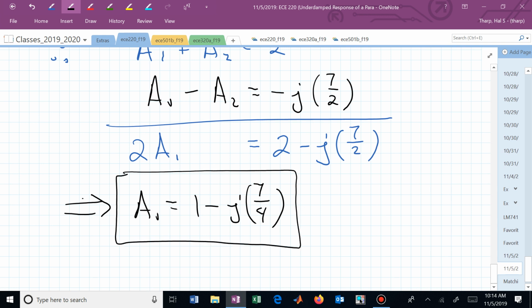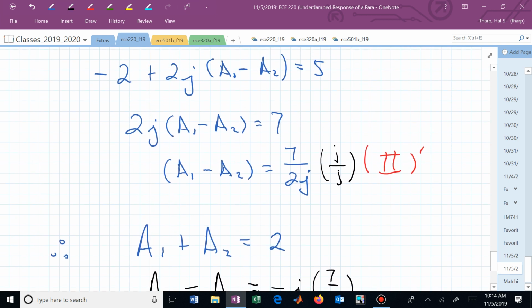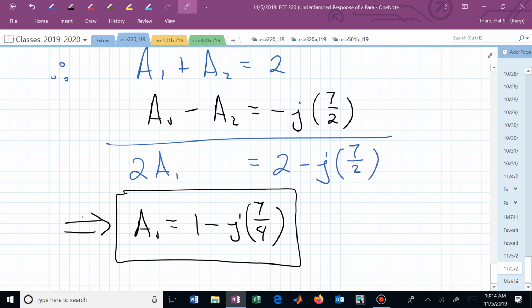I warned you, these A's could be complex, and they are. That's A1. A2 I can get from formula 1.